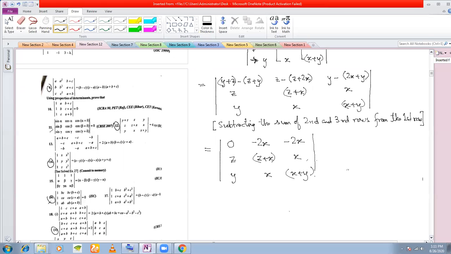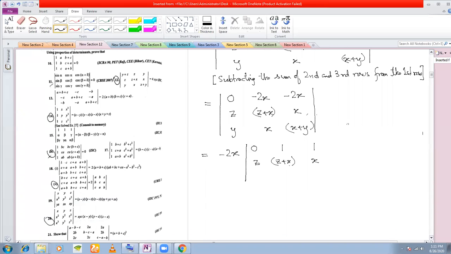Okay, so now what happens? You can take minus 2x common from the first row. What am I left with? 0, 1, 1, then z, z plus x, x, and y, x, x plus y.